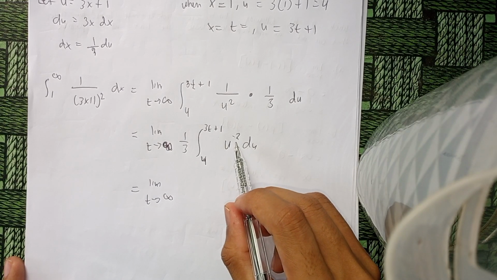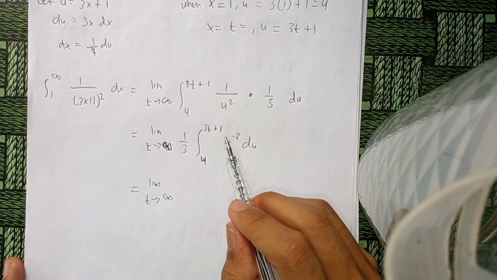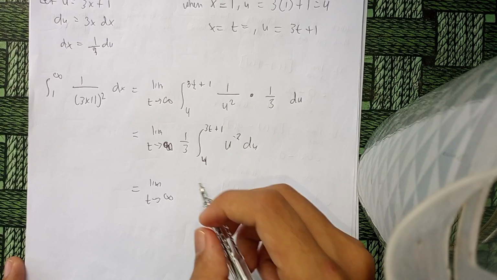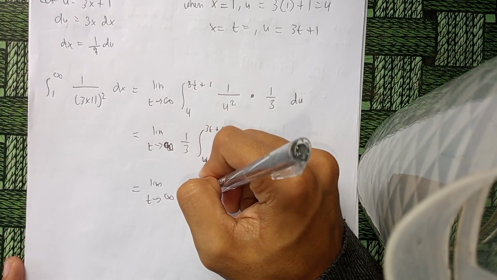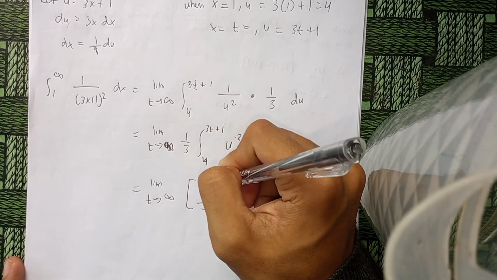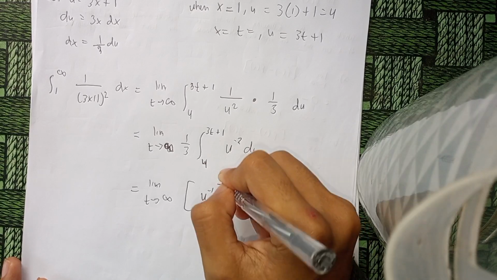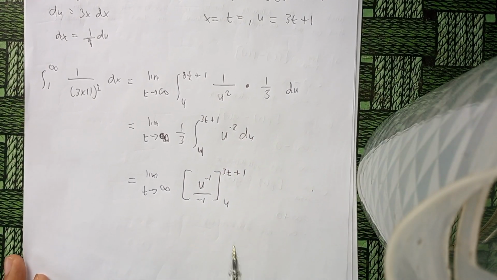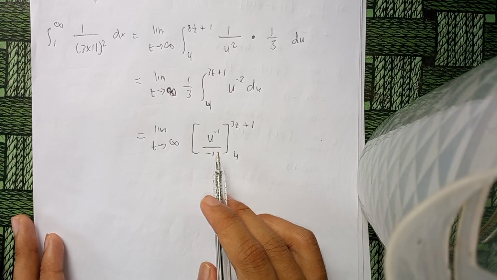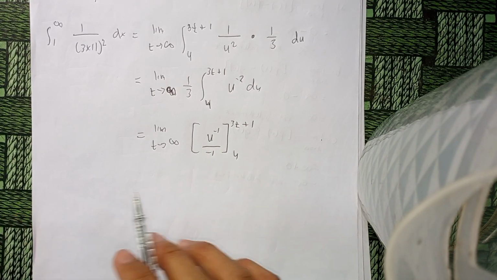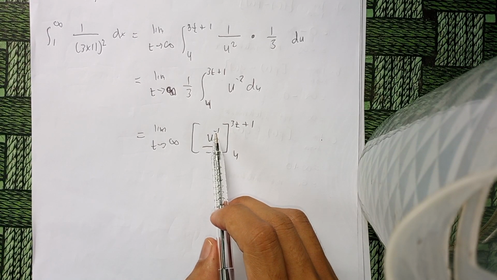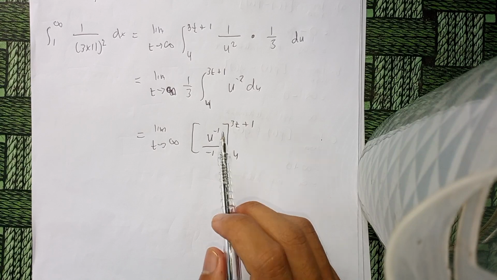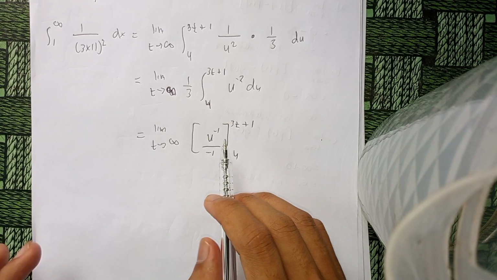The integration of this is u to the power of n plus 1 over n plus 1. So it will become negative 1 over 1 to the power of 3t plus 1, the boundary. Then after that we reciprocate again to make the power of the numerator positive.